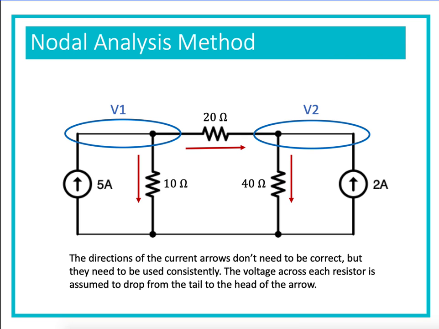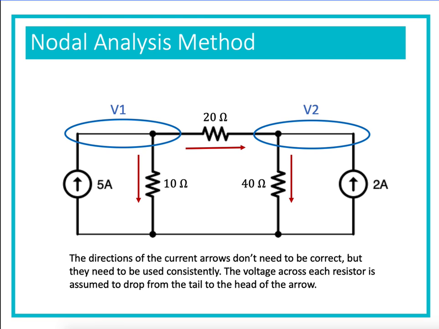But what does need to happen is when current direction arrows are put in, they need to be used consistently. The fact that there is an arrow going through a resistor means that we are assuming the voltage is dropping from the tail to the head of the arrow. So we are making the assumption that the voltage at the tail of the arrow is larger than the voltage at the head. If that's not true, that's fine. It will work out mathematically.